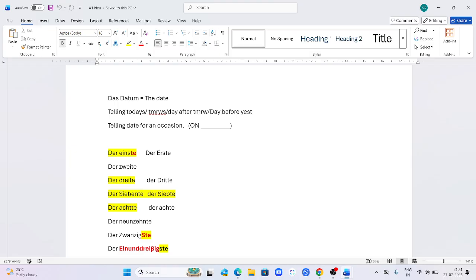So then after regular and irregular verbs, we learned dates, how to tell the date. You all remember? Welches Datum ist heute?